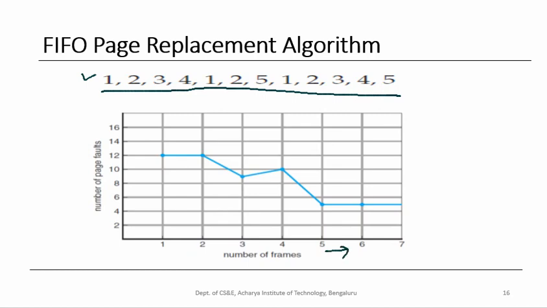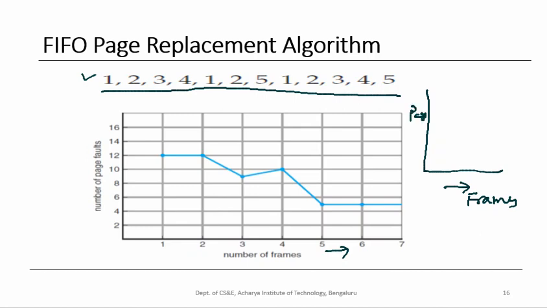Now if you look at this, do you see any anomaly here? What is a thumb rule? As the number of page frames increases, the page faults should come down.